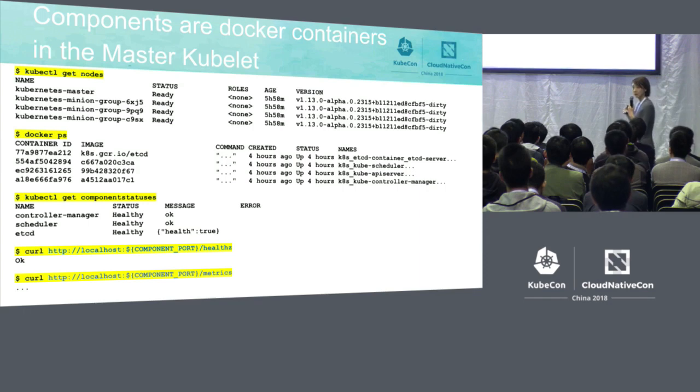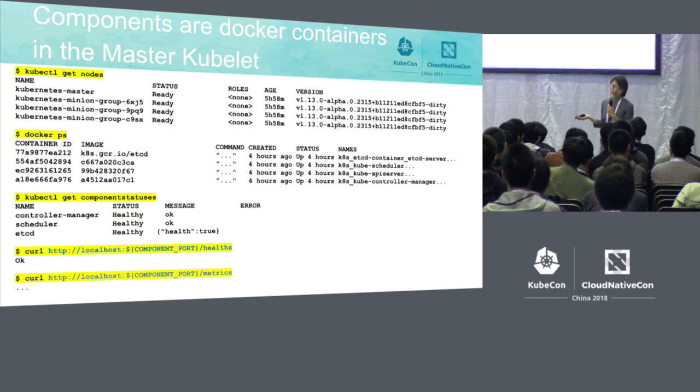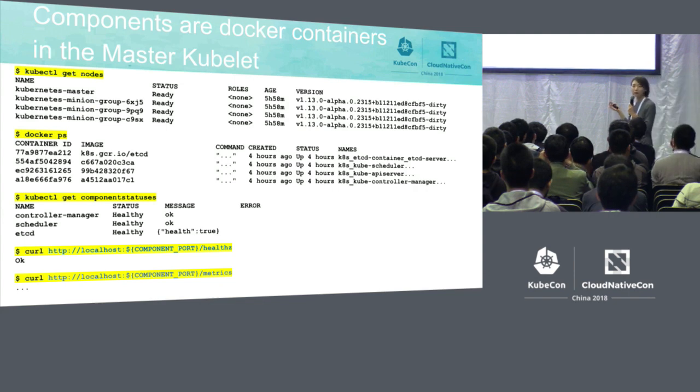From that point on, you'd better have access to your master VM. Once you're on your master, you can use docker ps to check the process status of your Docker containers, which are the master components. And you can see we have etcd, scheduler, API server, controller manager. If some of them are not there, your control plane is probably in trouble.